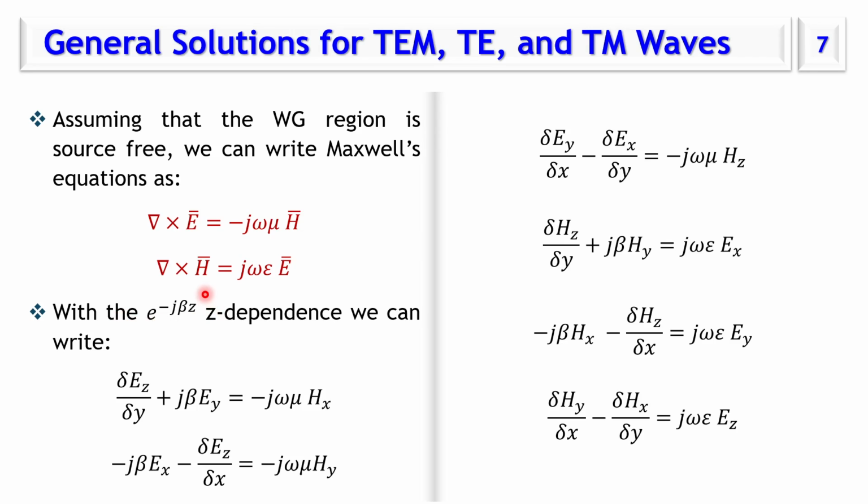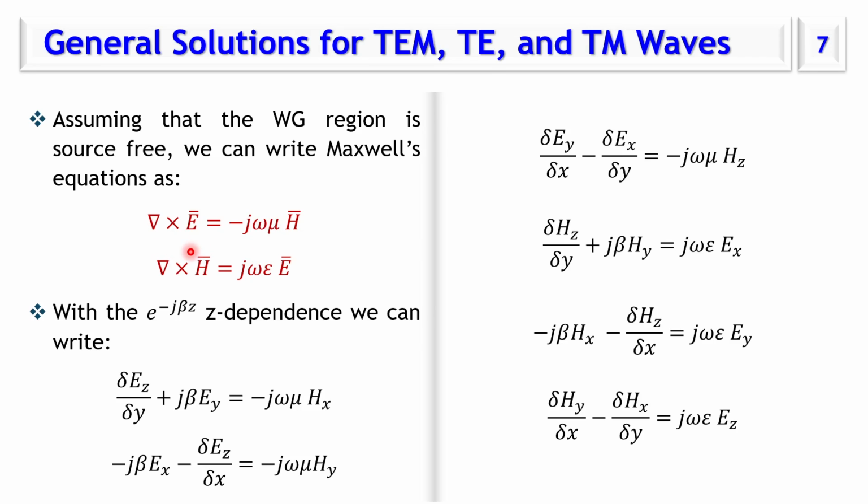We have e to the minus j beta z dependency, and we have e to the j omega t time dependency. So just substituting here, j omega t has been substituted here. This is the time dependency.